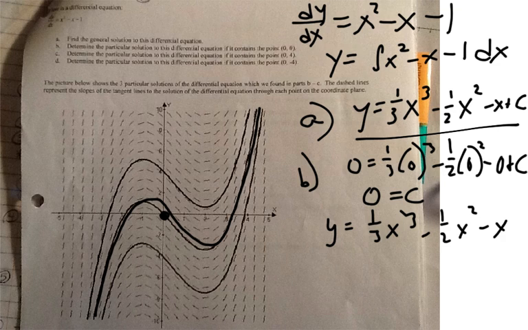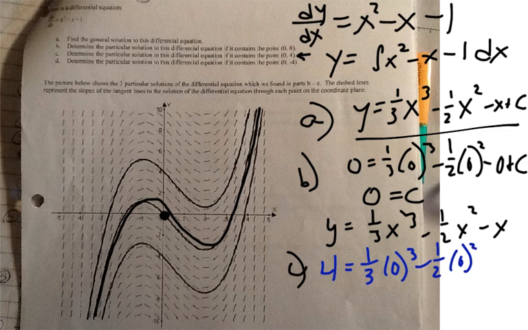But for part C, it says determine the particular solution if it contains the point 0, 4. So if it contains the point 0, 4, that's 4 for y and 0 for x, which means C equals 4.